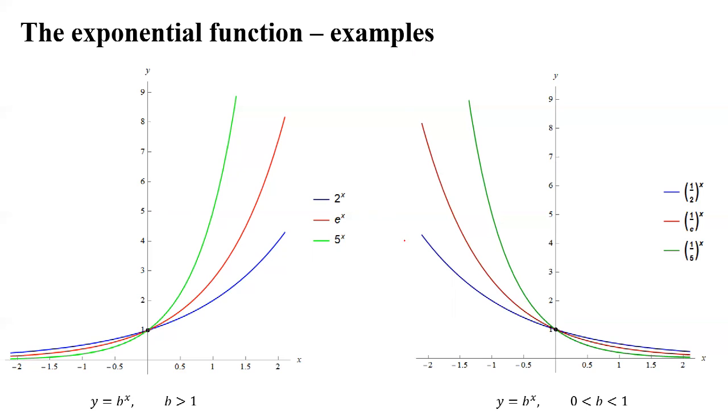The other set of exponential functions all have a base b greater than 0 but less than 1. For example, here the graphs show the bases 1 over 2, 1 over e, and 1 over 5 respectively. These functions are decreasing in their domain.